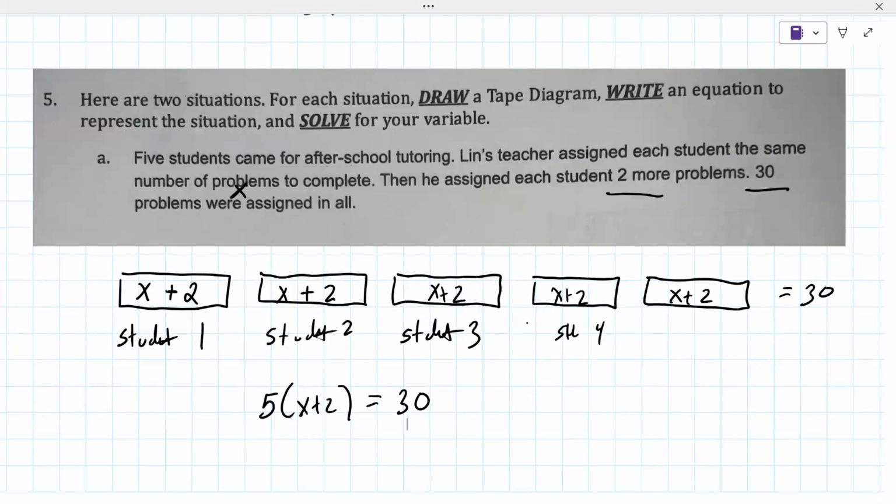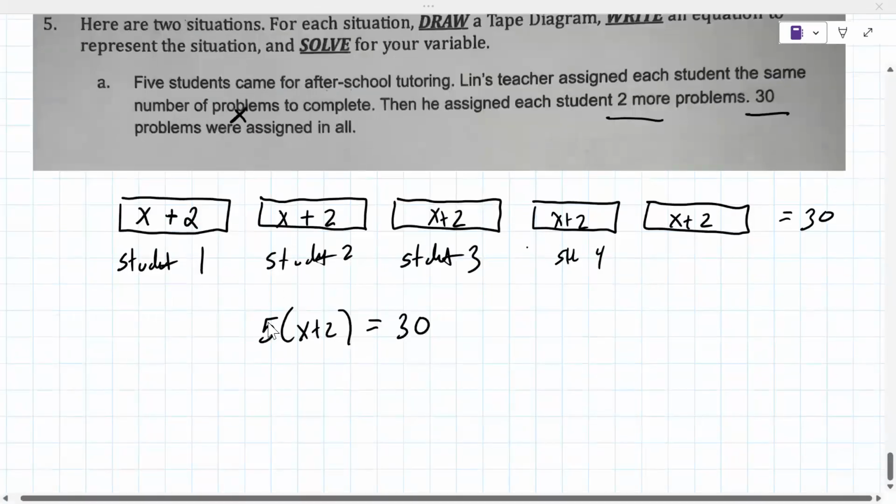Now look back at what we did in problem 4B. What's the next thing to do here with the 5? Multiply. Yes. So tell me what it becomes when you multiply this 5 in. 5x plus 10. Good. Equals 30.